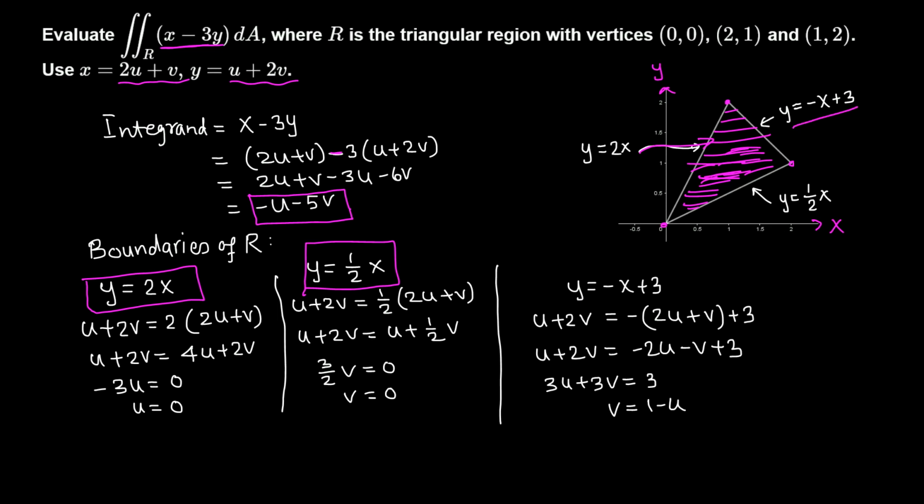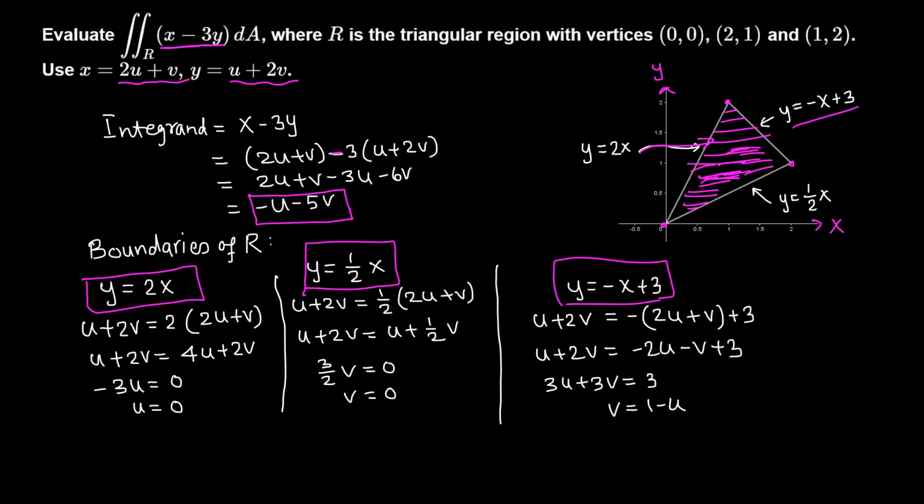And finally, y equals negative x plus 3, and we want to convert this into u and v as well. Plug in the y value given in the question and the negative x, simplify, and we get v equals 1 minus u. So the idea here is that this region is not that easy to integrate on. When we do this change of variables, we get a much better region.